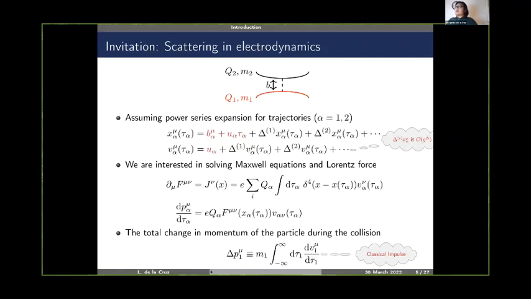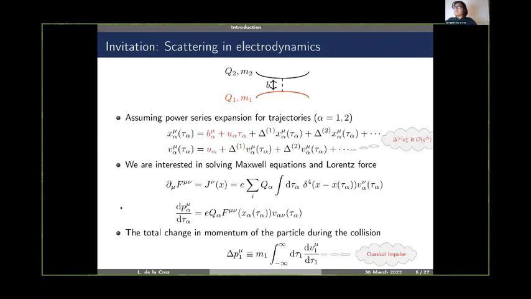And since I can obtain my expressions for the velocity at each order in perturbation theory, I can also calculate the classical impulse at each order in perturbation theory. So this is a well-defined problem in classical physics.